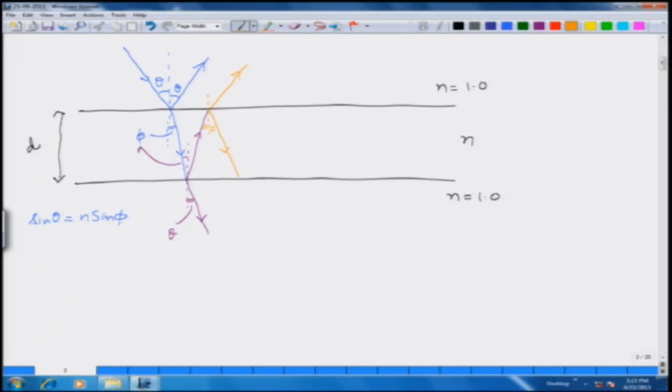That is the first event, the second interface interaction, the third interface interaction, and then it goes for the fourth interface interaction. Again at this interface it is going to be reflected and refracted, the light going in this direction. So, you have all these angles as being phi and this angle being theta.